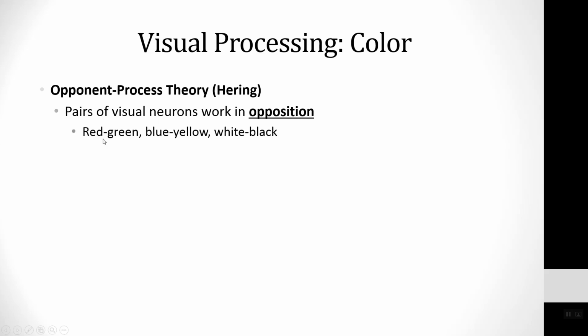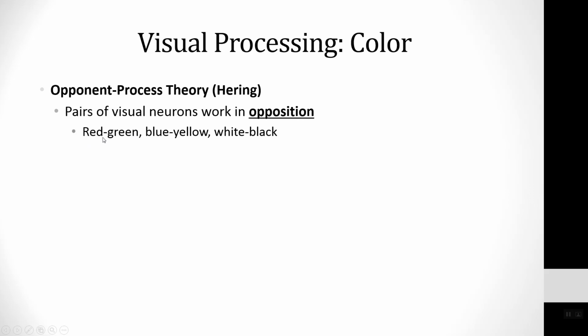Okay, so for instance, we have our red cones and things like that. But if you have some kind of opponent process cell that's excited by the color red, it will be inhibited and essentially not respond to green color.